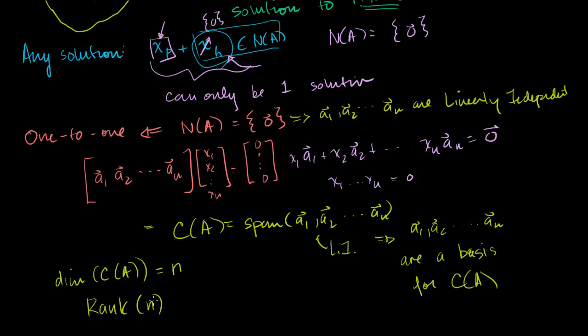If you have a rank of n, that means that all of these are linearly independent. If all of these are linearly independent, then the null space is just the 0 vector. And then if the null space is just the 0 vector, this part of your solution disappears, and you're only left with one solution. So you're one-to-one if and only if the rank of your transformation matrix is equal to n.